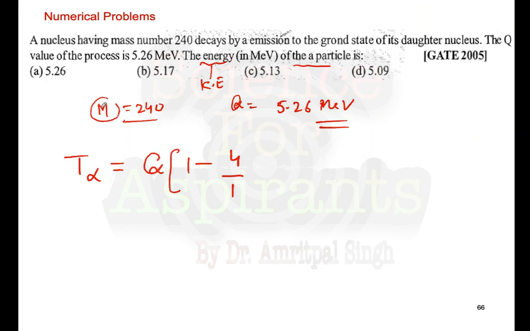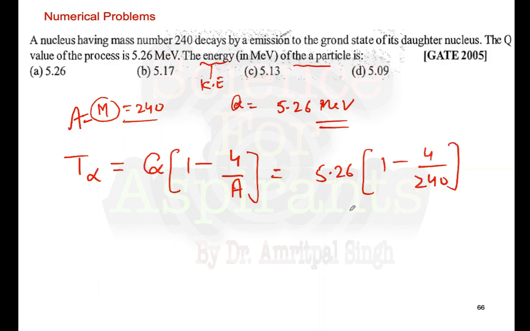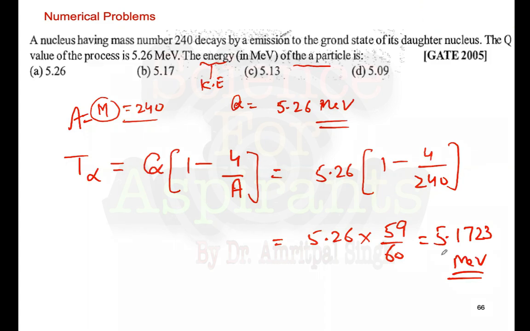In some books the mass number is written as A, so we can write it as A. So Q is 5.26, (1 - 4/240), and when you calculate it, 5.26 into 59/60, that comes out to be 5.1723 mega electron volt. So this is how you can find the kinetic energy of the alpha particle, and the correct answer is option B.